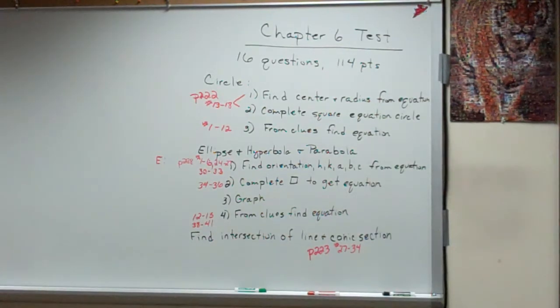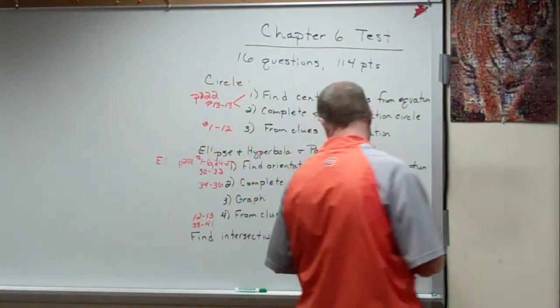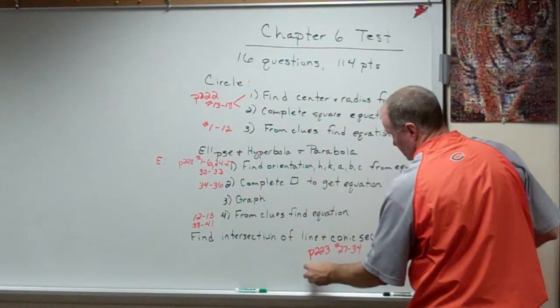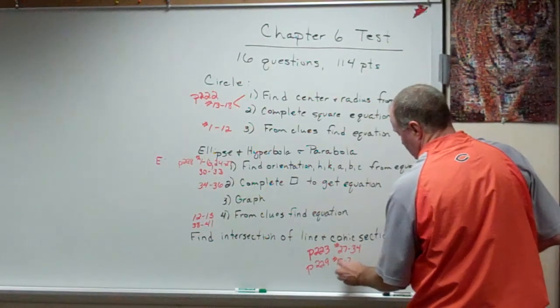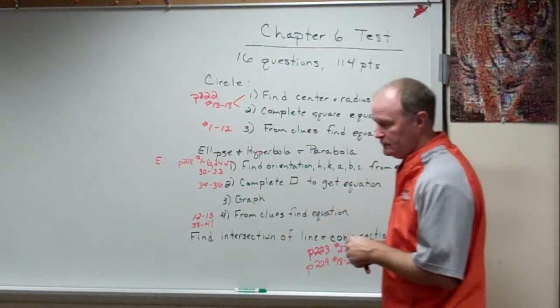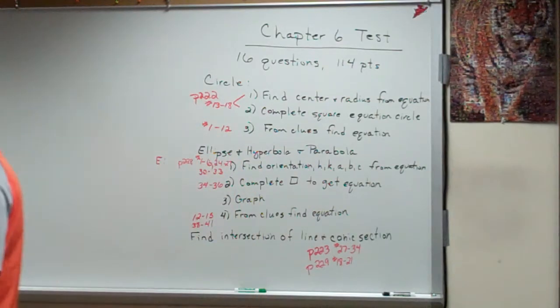The intersection stuff, which are also good ones to try, were 18 through 21. That's the ellipse. As you can tell, there's lots of stuff.